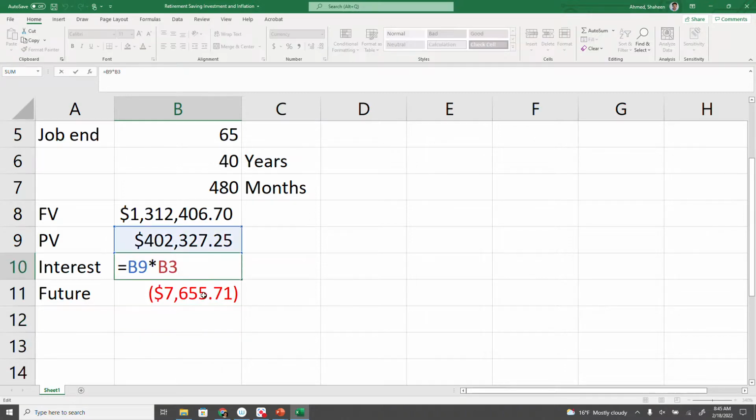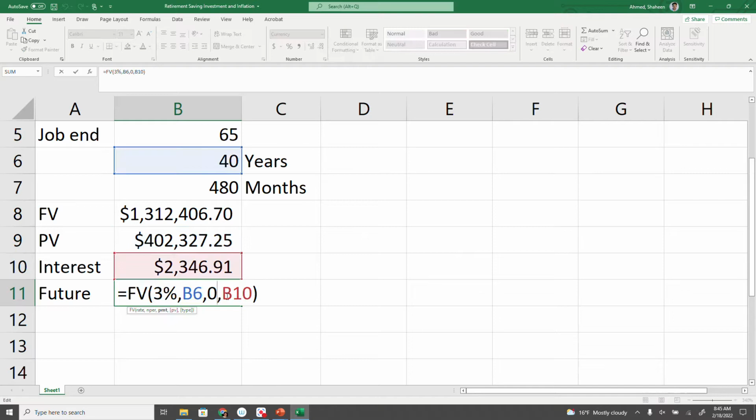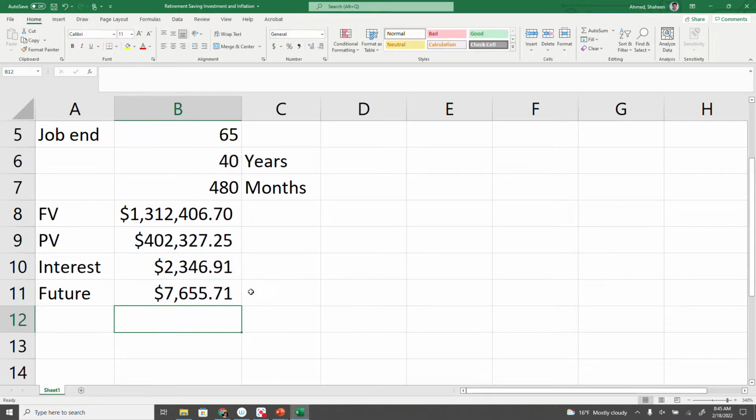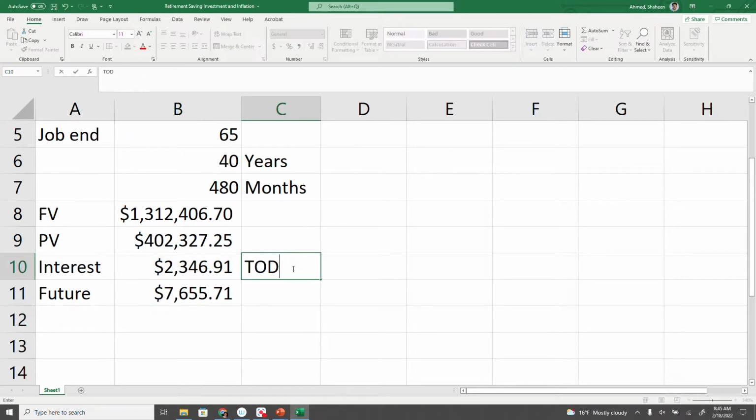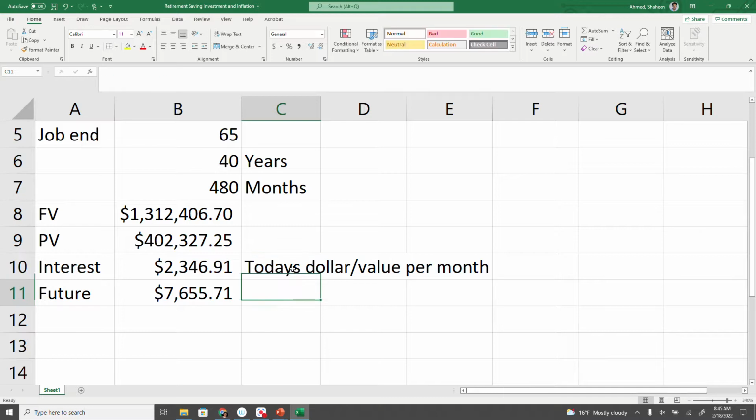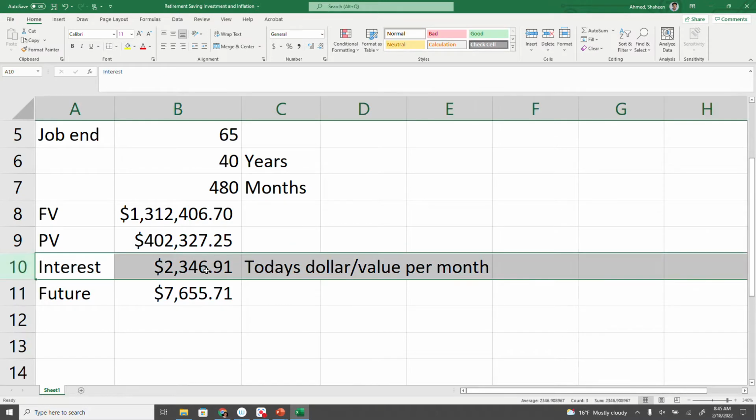Now, again, this does not have much meaning to us. However, this is what we'll be getting in today's dollar, or today's value, per month. The question also is, will that be enough to live your life?